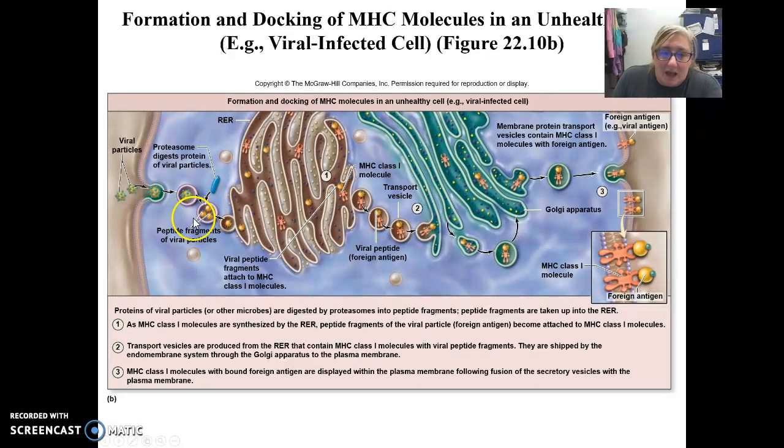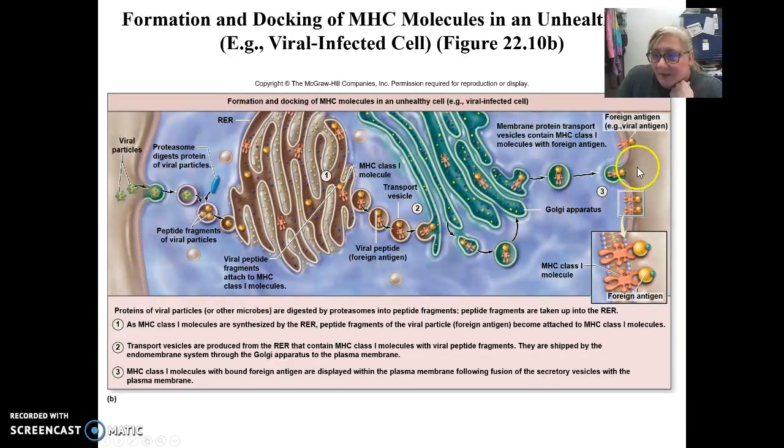We break it up, and when we break it up, we then insert the viral material with our self proteins, and that's going to be attaching to the MHC class 1 molecule.